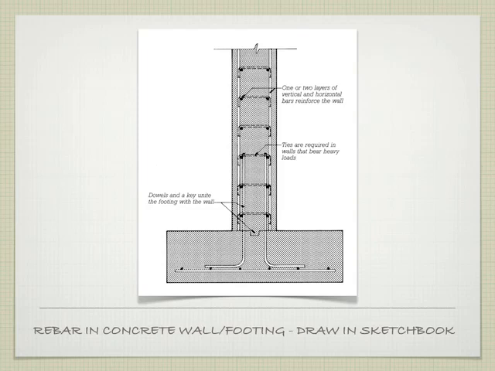Remember, we're going to have a key that's put in, something like that. So we'll call this a key. And we're going to have rebar that runs this way in the bottom of the footing. These little dots are indicative of rebar that's running in this direction, so we'll draw a few of those in.